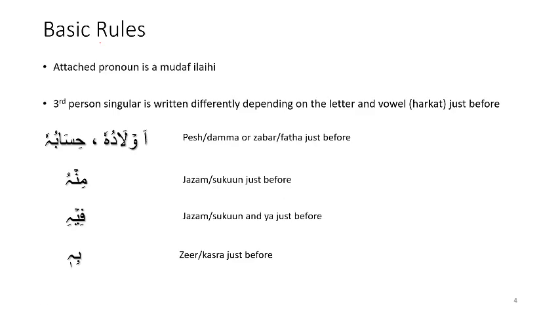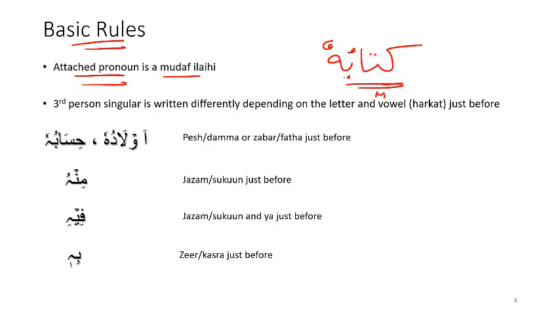Now I want to point out some basic rules. The attached pronoun is a mudaf ilayh. So what this means is that the noun plus the attached pronoun is a murakkab idafi. If we look at kitabuhu, here kitab is the mudaf and hu is the mudaf ilayh.